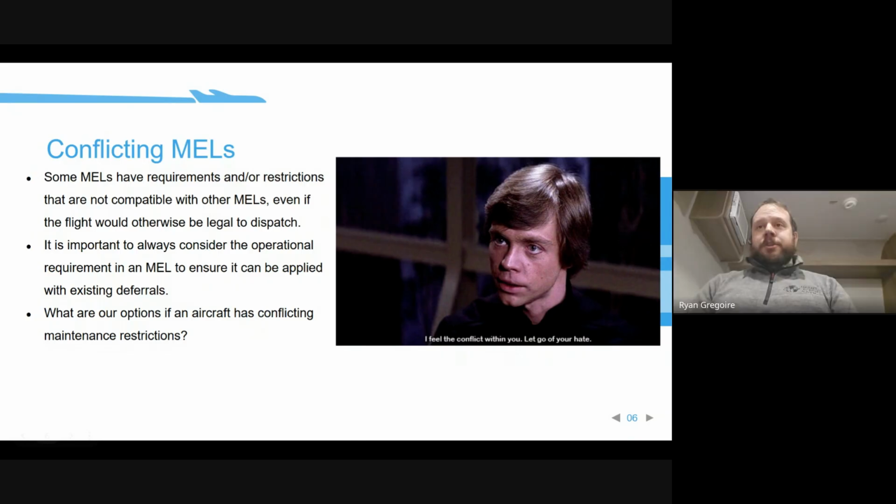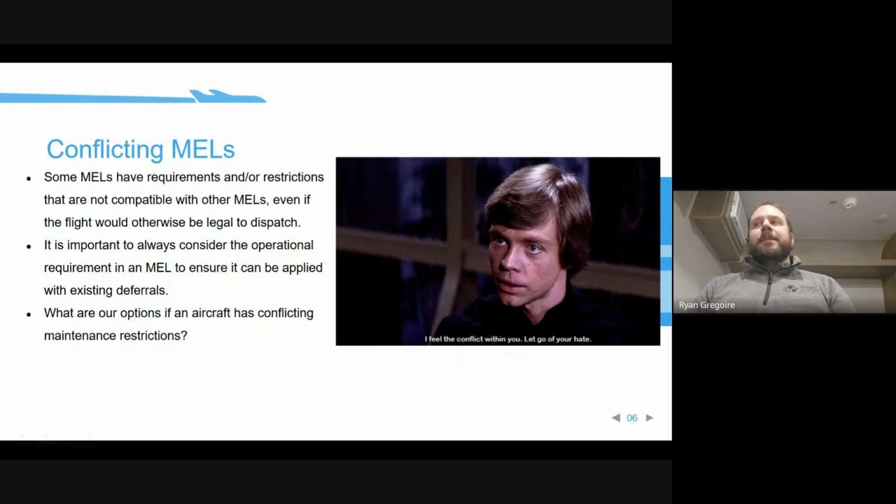As a dispatcher, you won't usually see conflicting MELs applied to the aircraft. I have seen it in real world application. It's rare because, like you said, there are essentially safeguards.